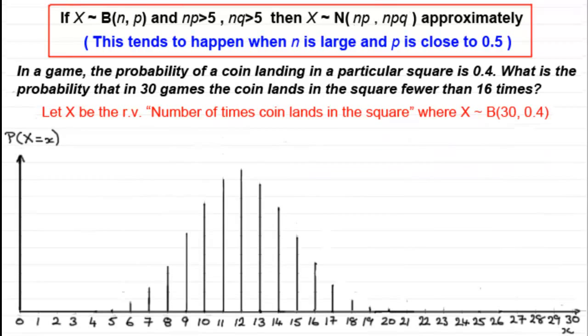Because if we were to look at the distribution for this binomial, then you can see I've outlined it here. It's got this normal distribution shape.